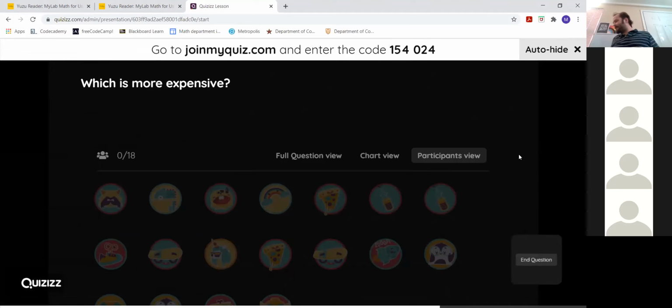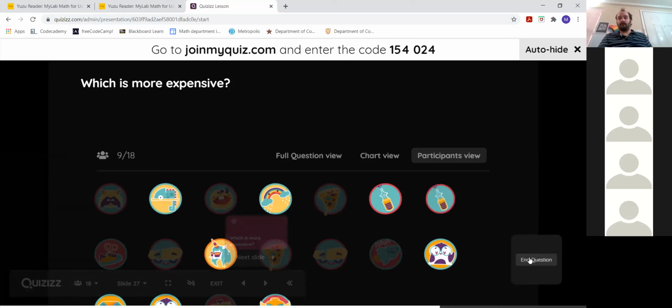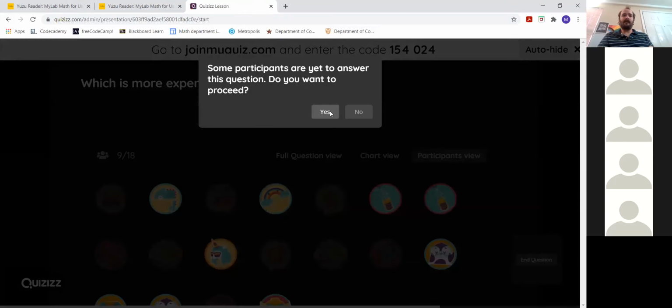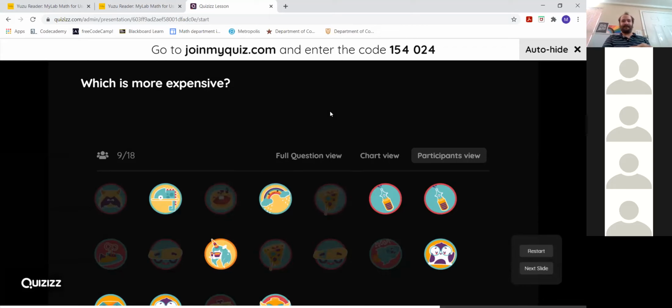So which is more expensive? I'll give y'all 10 seconds on this one. Is 4282 or is 5,000 more expensive? 5,000 is more than 4,000.